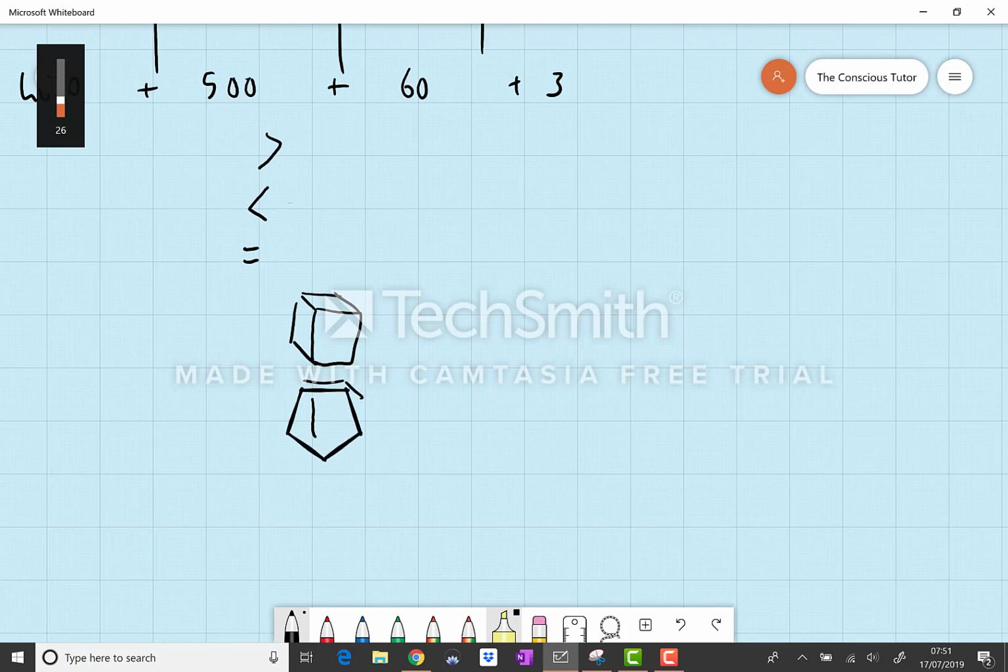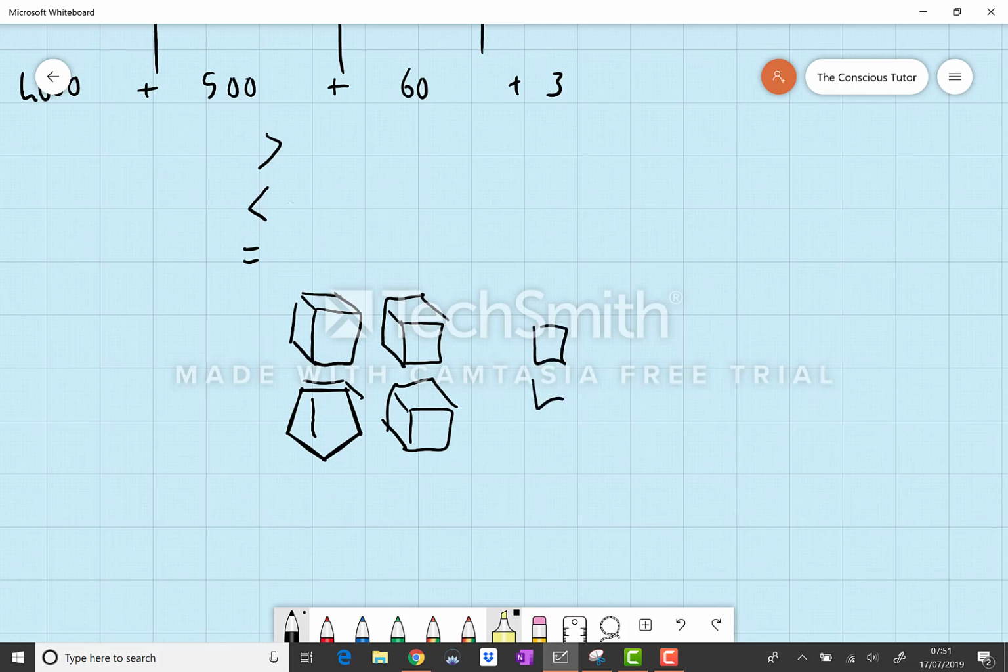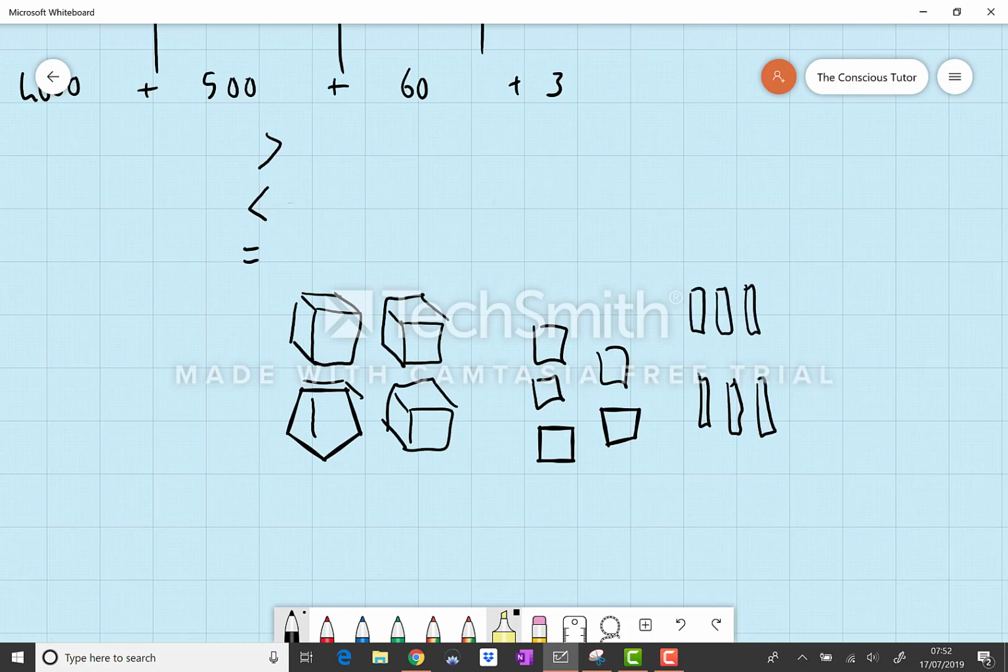So usually we use the cube to represent a block of 1,000s, and then the regular squares to show hundreds. So there we've got 4,563 with the 3 ones.